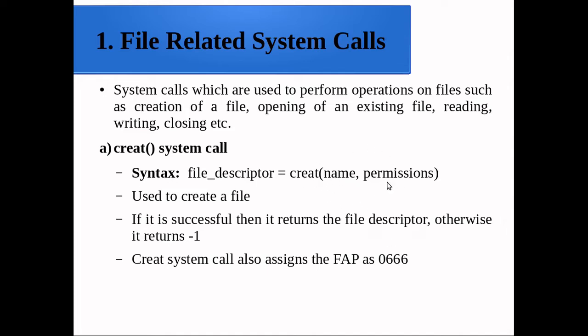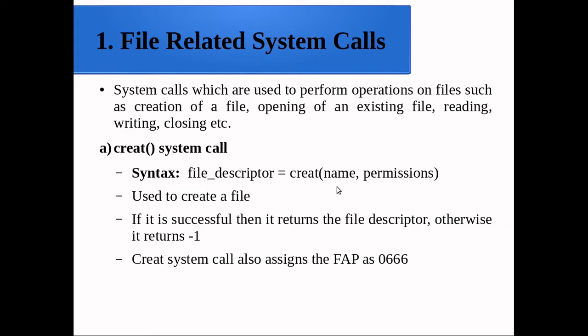Once we created the file, it will return a unique integer that is identifying an open file. That value will be assigned to the file descriptor. So file descriptor is a number that uniquely identifies an open file in the system.